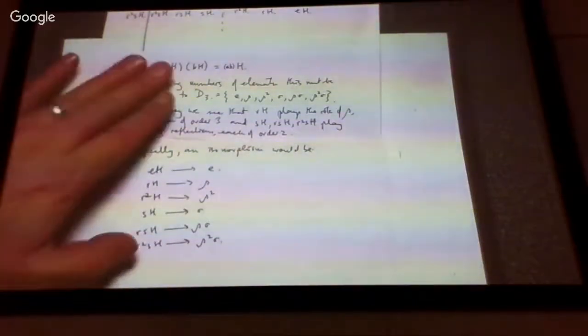Each of order 2, does it say? For the reflections, yeah.